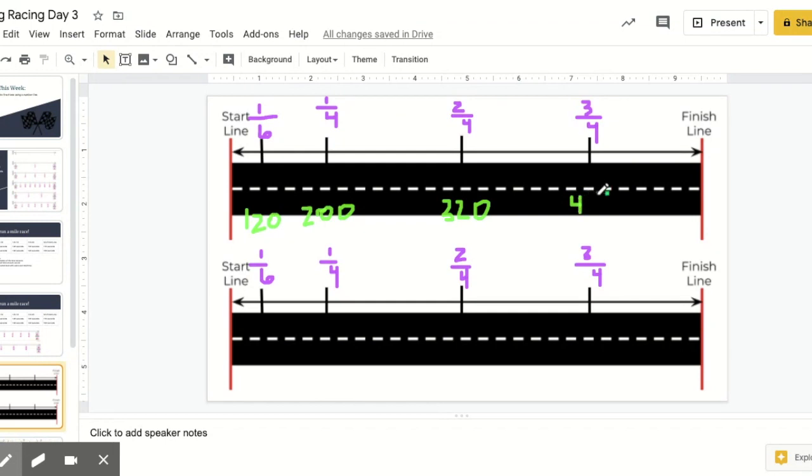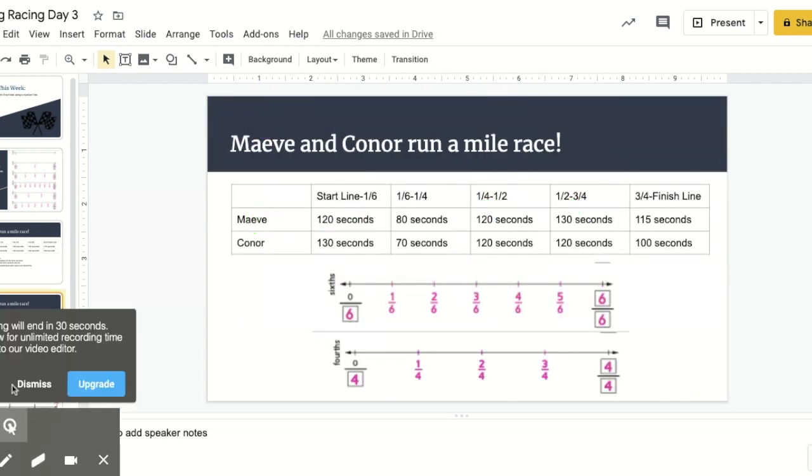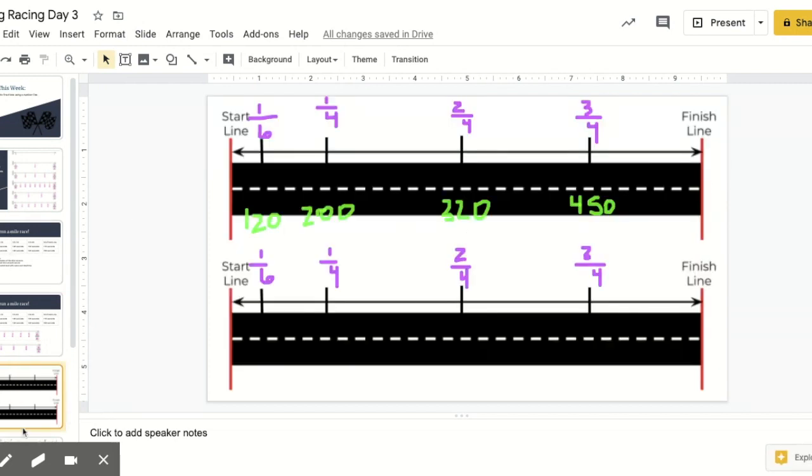Good, 450. And finally, from 3/4 to the finish line, she ran for 115 seconds. So 450 plus 115 is going to be 565. That was the total it took Maeve to run 1 mile.